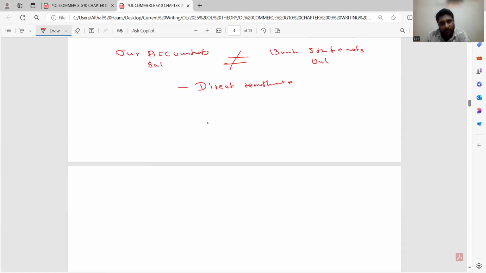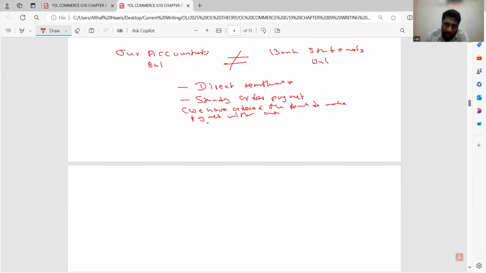The other one is standing order payment. We have ordered the bank to make payment without asking us. Then bank charges, checkbook charges. We will get to know about these charges once we receive the statement only.